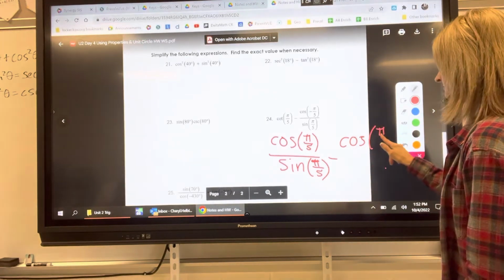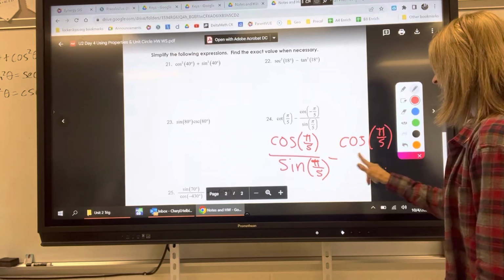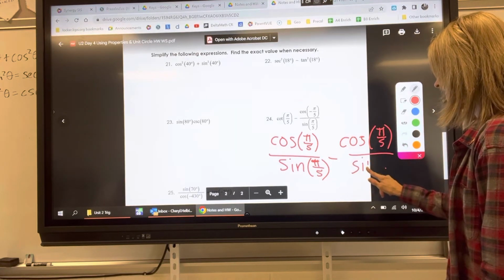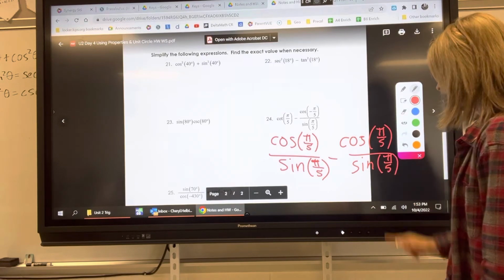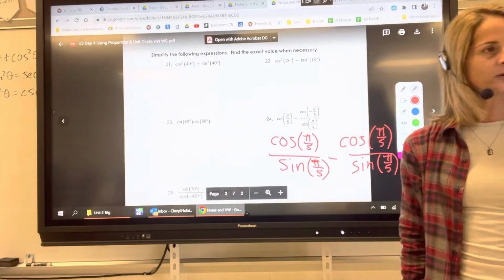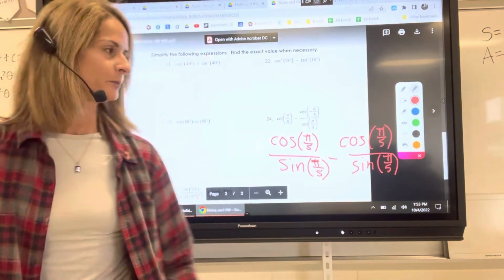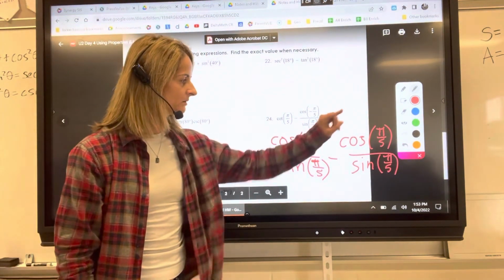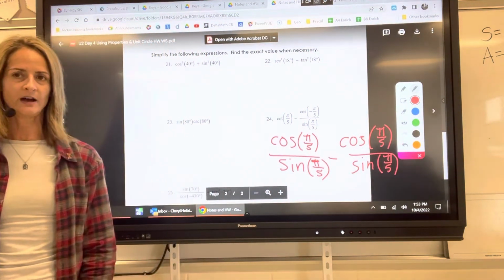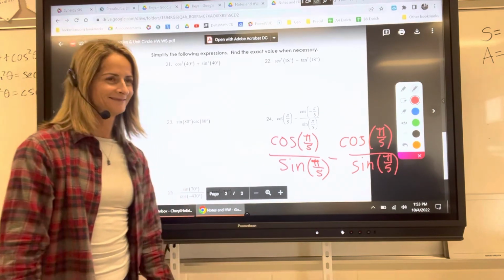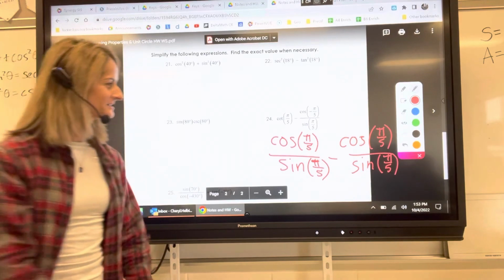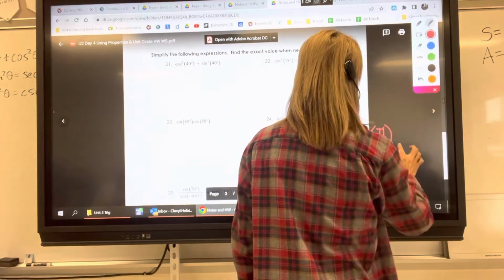And the reason I'm doing that is because I need all my angles to be the same. Because now I can actually add, subtract, do what I need to do with these values and simplify these expressions, because all of the angles are the same. They're all pi over 5. So what is that? 0. Yay, a different answer.